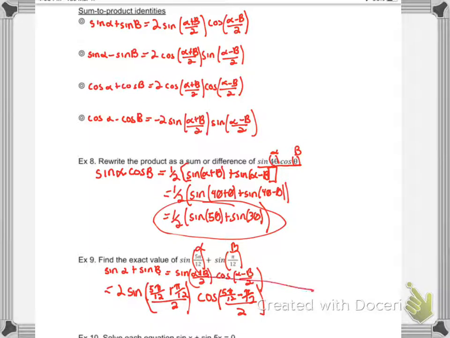So we end up with my numerator, 5 pi over 12 plus pi over 12. That ends up being 6 pi over 12, which is the same thing as pi over 2.